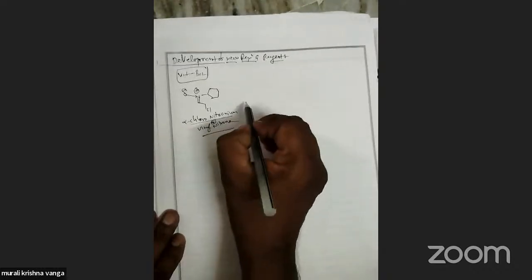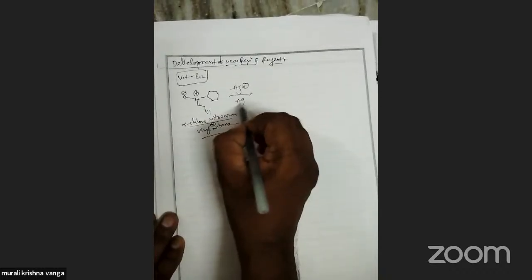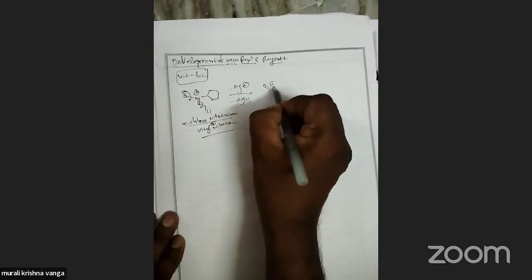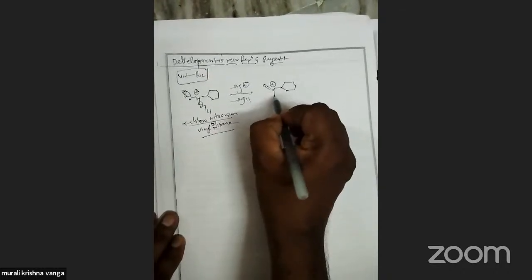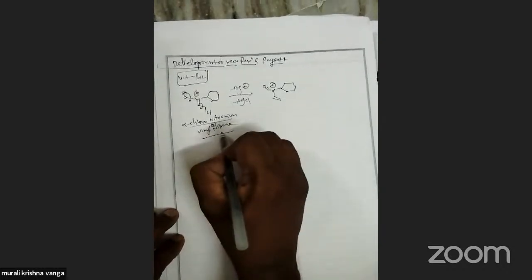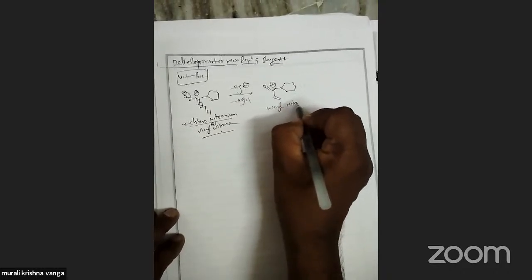This vinyl nitrone, in the presence of silver catalyst, undergoes loss of silver chloride, then produces the vinyl nitronium ion. Vinyl nitronium ion is the product.